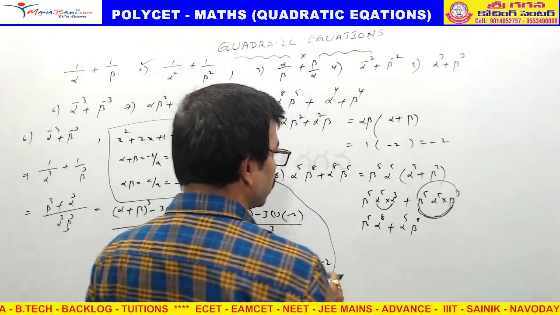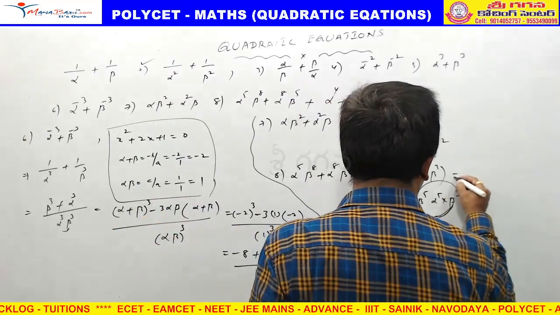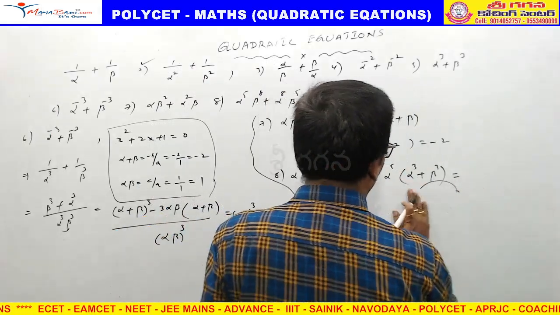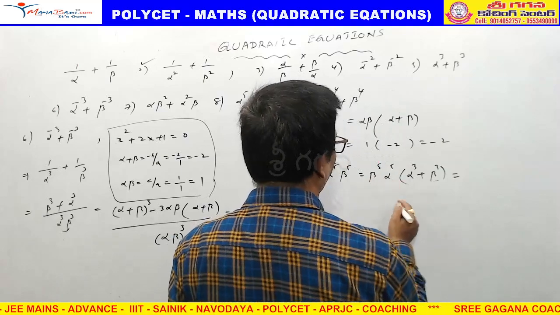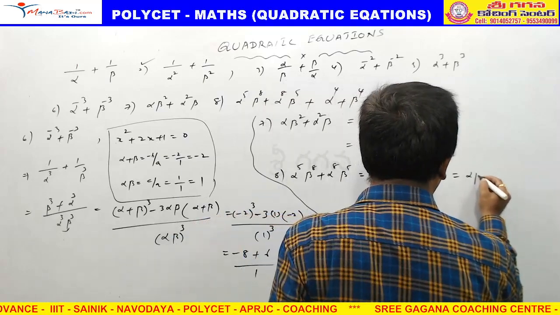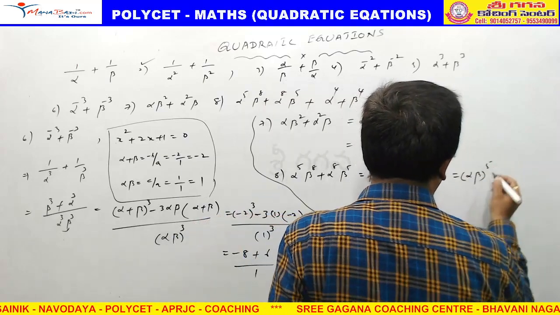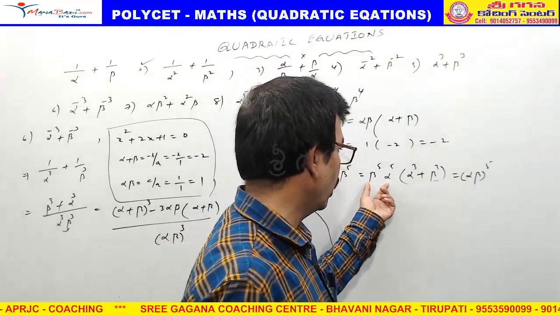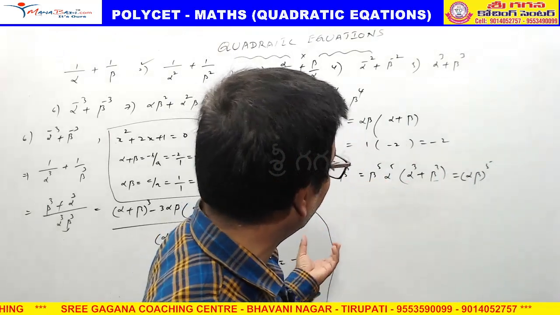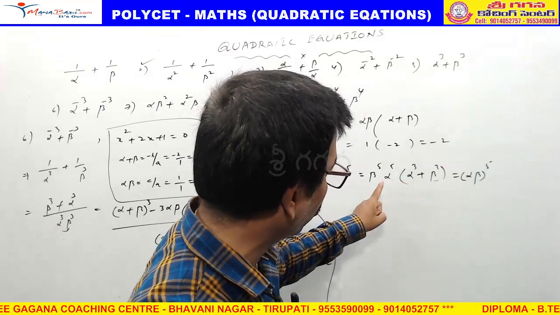Okay. So if you substitute in this equation, how to write it? Beta power 5, alpha power 5. That means the power value is the same, so you can write directly alpha beta whole power 5. This is possible only for a product. If you take subtraction or addition, it is not possible. Only for a product it is possible.